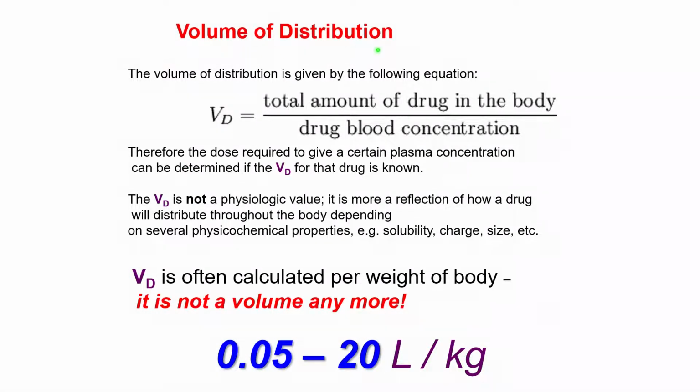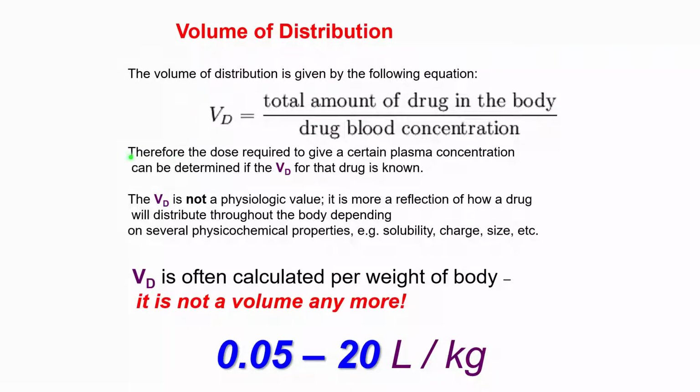To describe this picture, we introduce volume of distribution. Volume of distribution is given by the following equation: total amount of drug in the body, so that's how much we put in, divided by drug blood concentration. Again, if you take total amount of drug divided by volume, you'll have drug concentration.